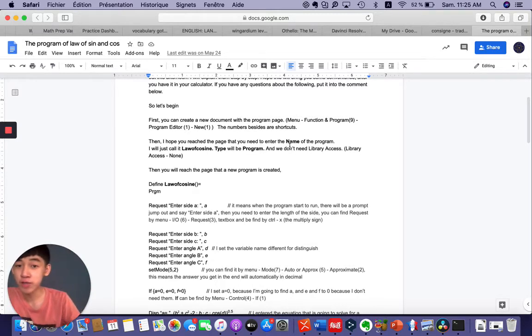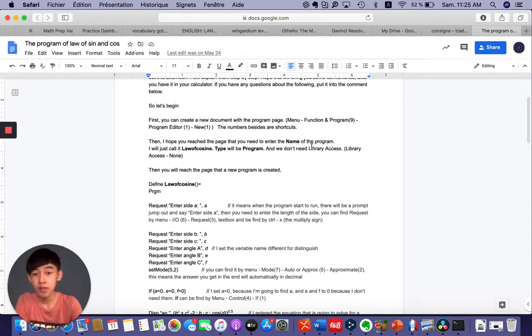Now you just need to enter the name of the program. You can give any name to your program, but I gave it the law of cosine for convenience. I already deleted this program in my calculator, as for the exam I cannot have the program, so I need to reset my calculator.